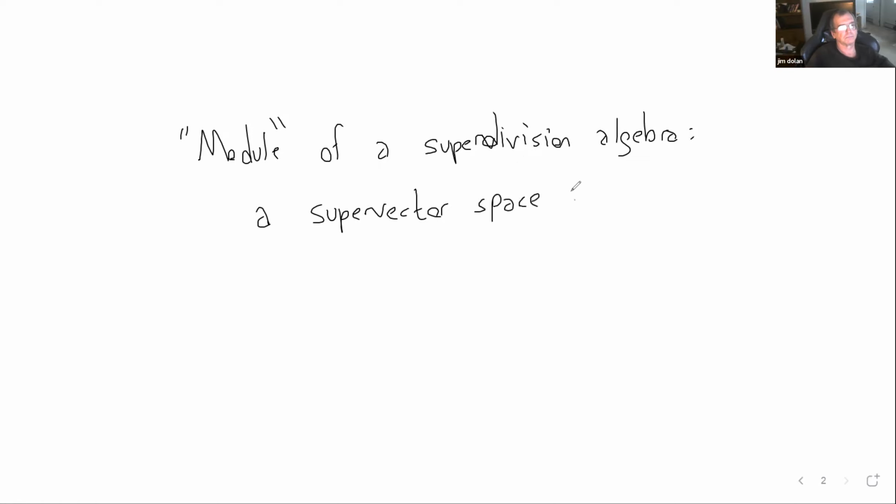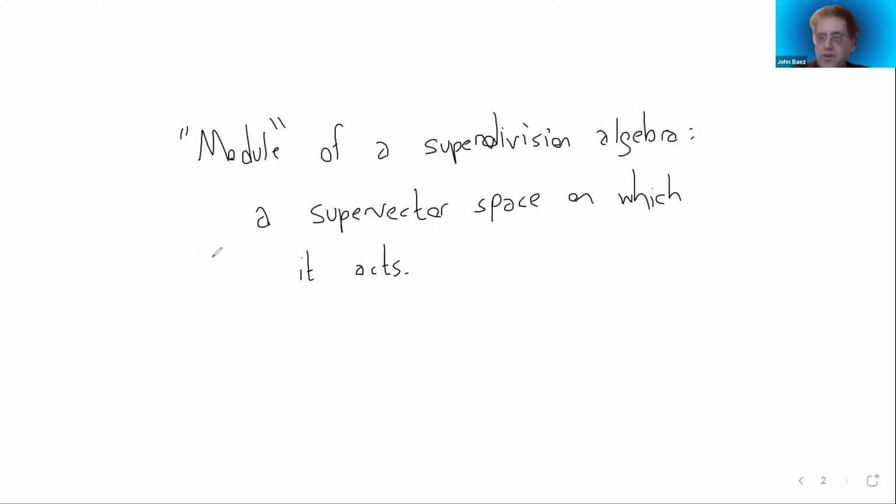It's very interesting to think about these. These categories of modules act sort of like categories of vector spaces in a lot of ways, because division algebras are a lot like fields, and so the category of modules of a superdivision algebra will be some semi-simple category enriched over the real vector spaces.